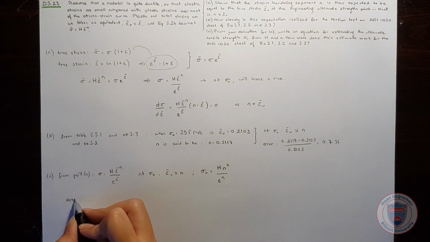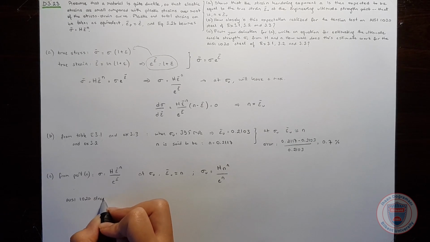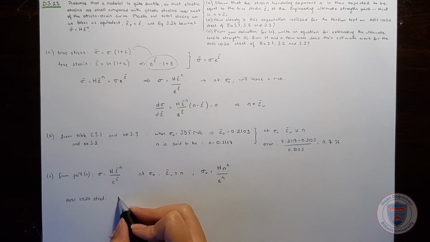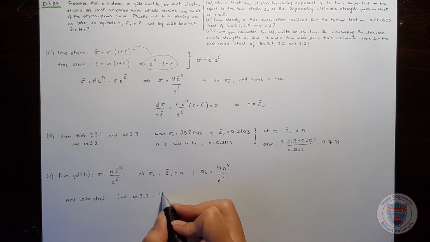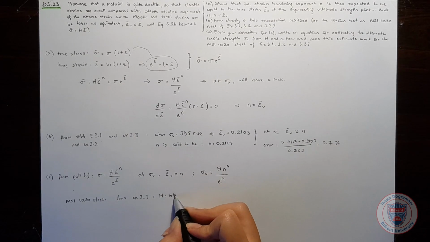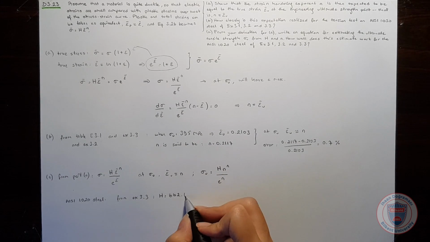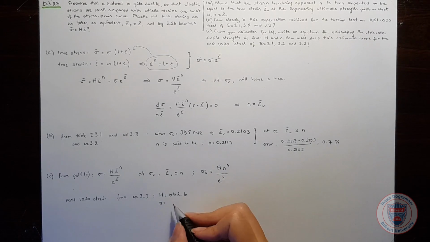For AISI 1020 steel, from example 3.3, it is given that H is equal to 662.6 and the strain hardening exponent is given as 0.2117.